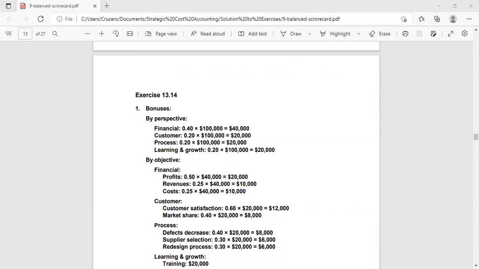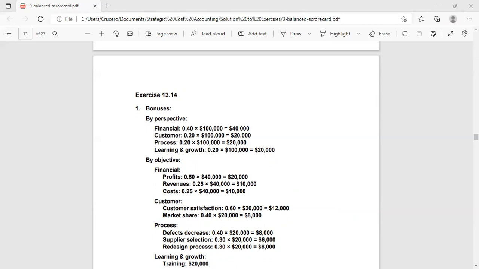Suppose that Mandy communicates the following weights to her CEO. Perspective: financial 40, customer 20, process 20, learning and growth 20. Financial objectives: profits 50, revenues 25, cost 25. And customer objectives: customer satisfaction 60, market share 40.